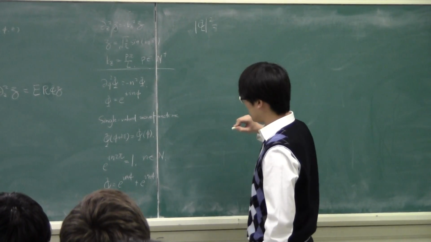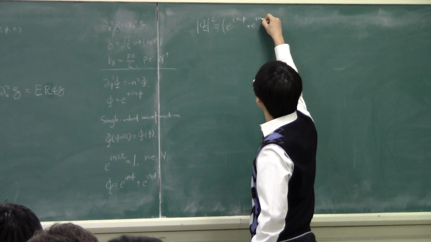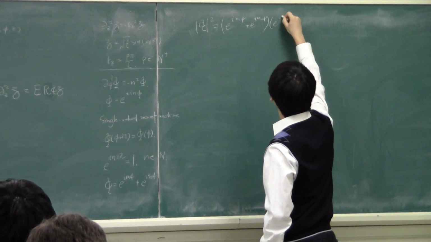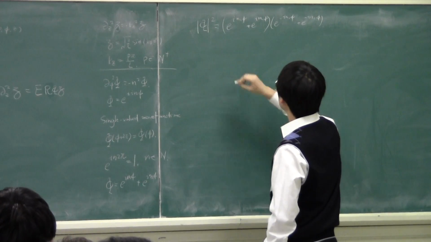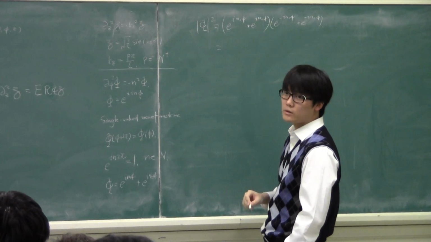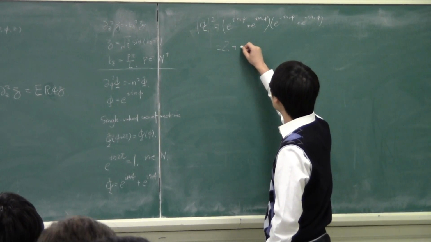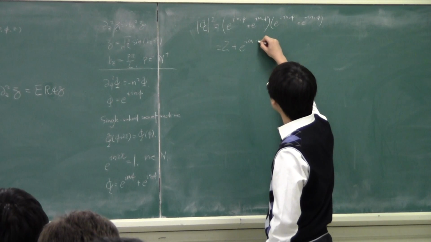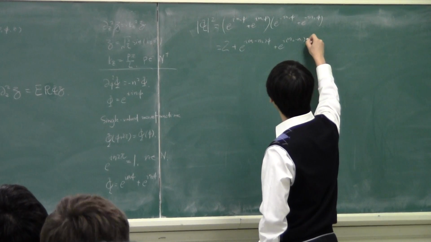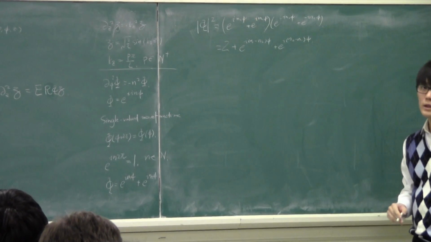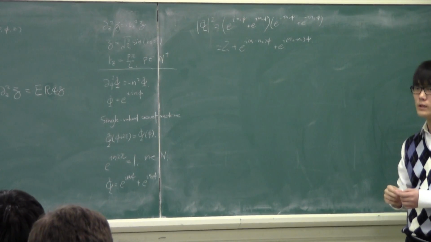so this squared, let me write this out for you. So we're going to have two squared terms, plus 2 cross terms. Now under 2-pi rotation, we want the magnitude square of the wave function to remain single valued.